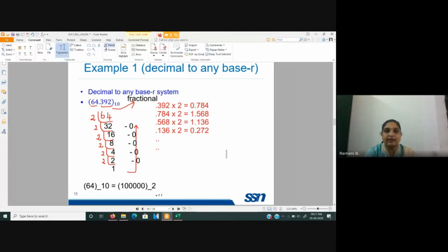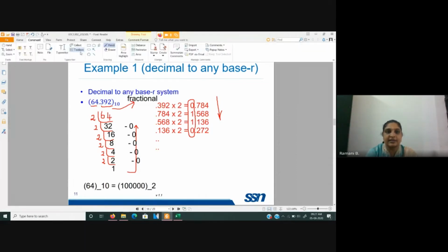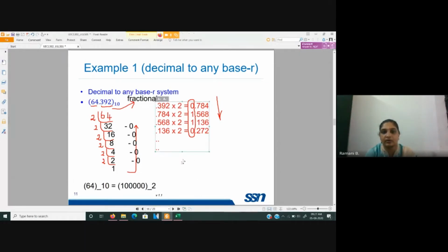So here, while writing the values, we consider this integer part alone and we write it out in top-down fashion only. So the equivalent representation of 0.392 in decimal is actually 0.0110 etc. in binary form.